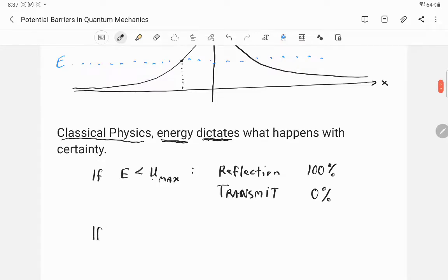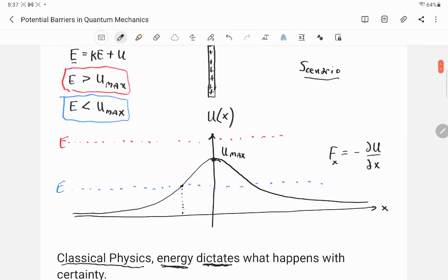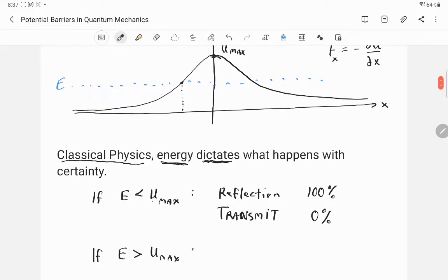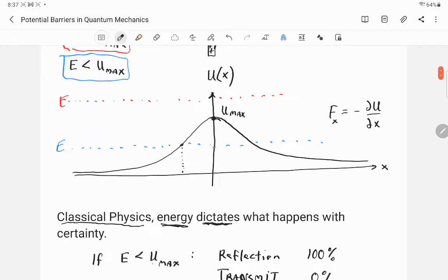But if the energy is actually above that potential barrier height, now it's the red case where the particle comes in hot. There is no chance that this barrier is going to reflect the particle, because when the particle gets to here, it's got non-zero kinetic energy.